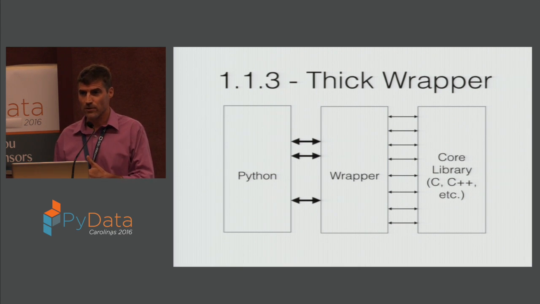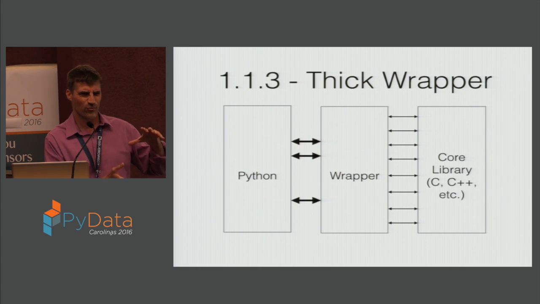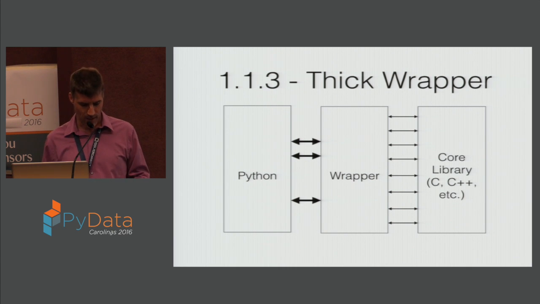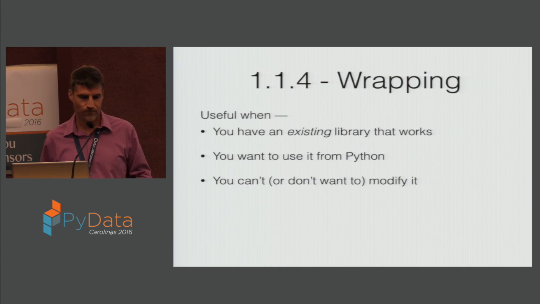If you've got 20 functions, a thicker wrapper might say, you know what, I can group these into 3 categories and express them as objects, which are much nicer to use in Python, or at least they take advantage of some of Python's strengths. So that's what a thicker wrapper could do for you, is make a nicer to use library. There's no right or wrong choice about a thin or a thick wrapper. It depends on how much time you want to spend using it, how much time you want to spend writing it, and how much time you think you'll be using it.